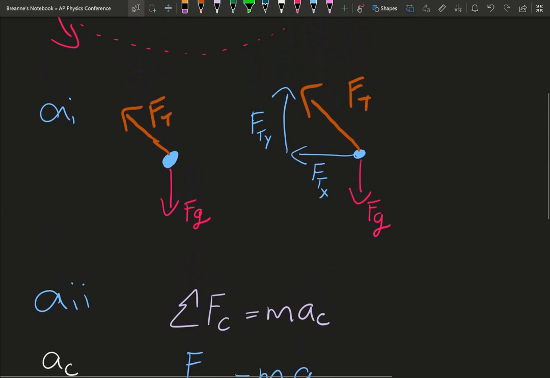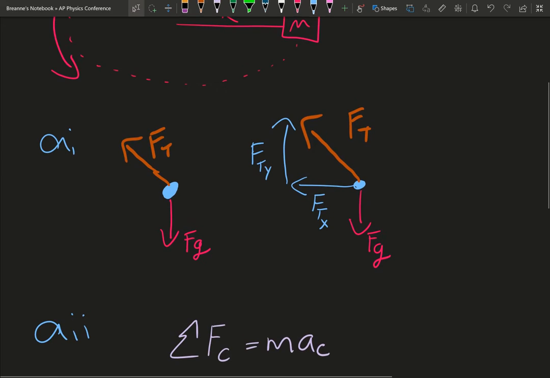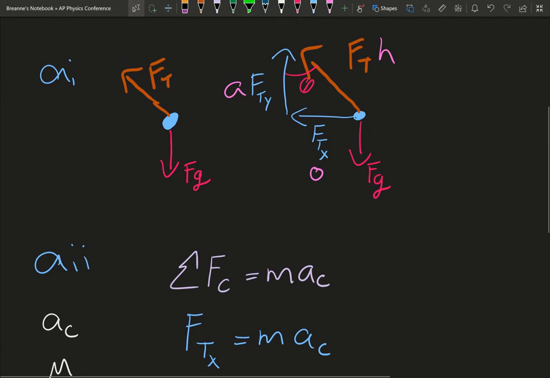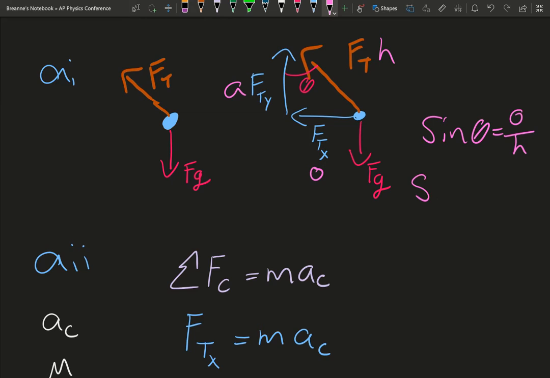Now our force of tension in the x, you would do your sine and cosine. So our theta is up here. So that leaves this as hypotenuse, this is opposite, this is adjacent. So that'd be sine theta equals opposite over hypotenuse.